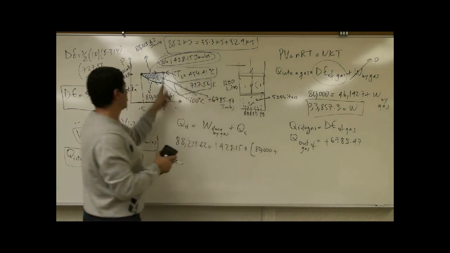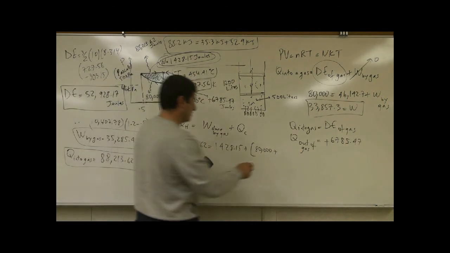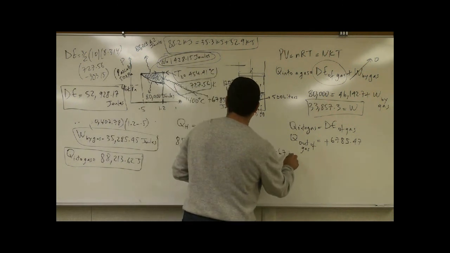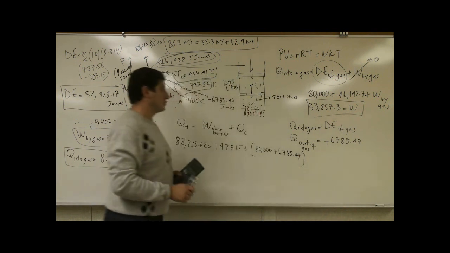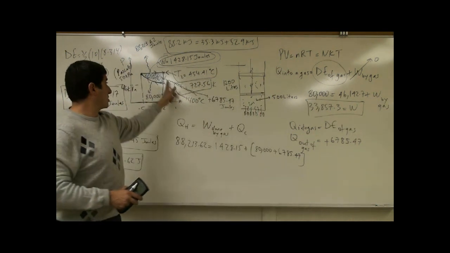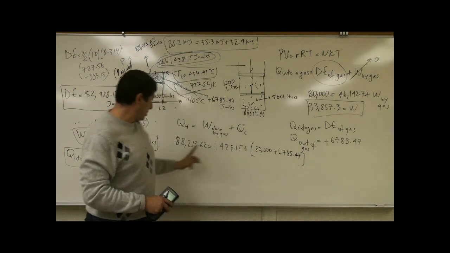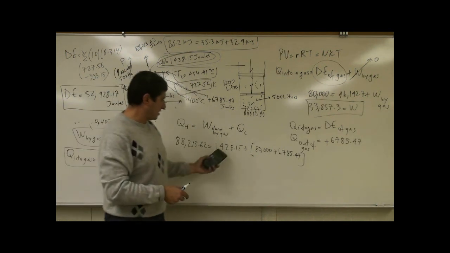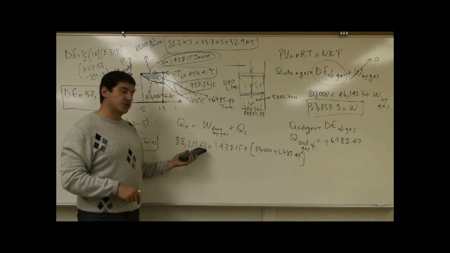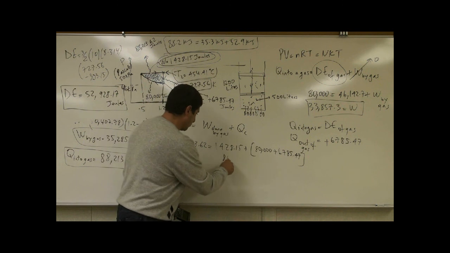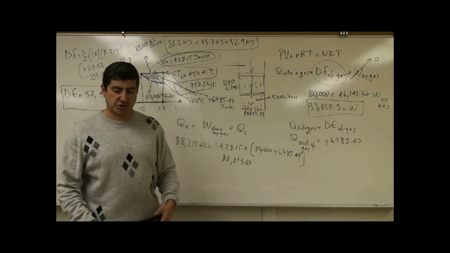And then we found out that during this process 6,785.47 joules were dumped during the isovolumic process. So if I add this and add this and add that, it should give me this. Let's try that. 88,213.62 perfectly comes out. Okay, so energy is conserved.